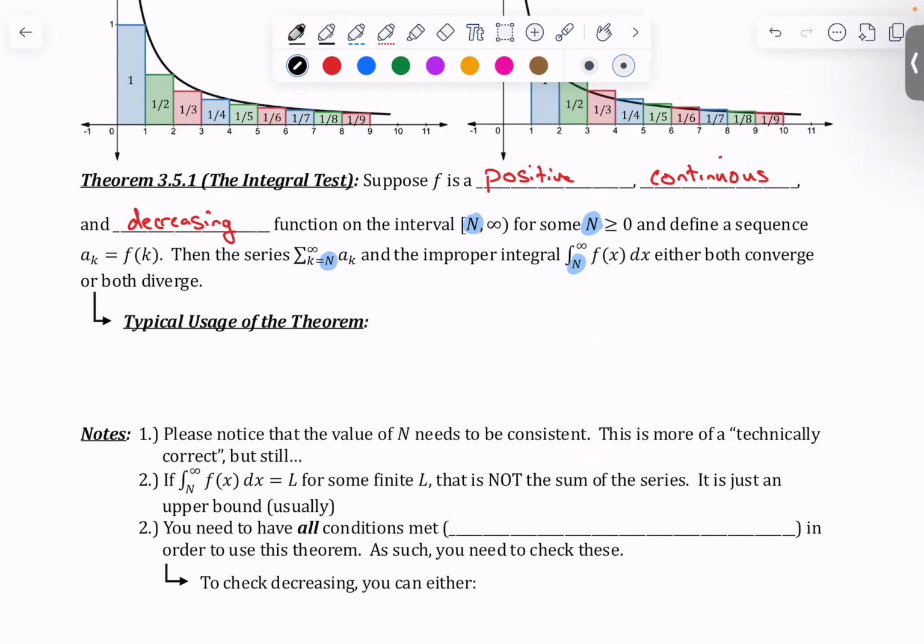What I mean is, if the integral from N to infinity of f of x is divergent, then the sum from k equals N to infinity of a sub k is divergent. And if it's convergent, then it's convergent.